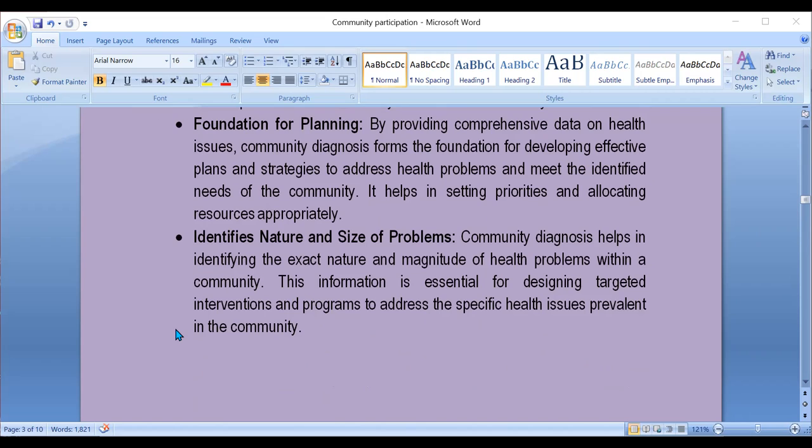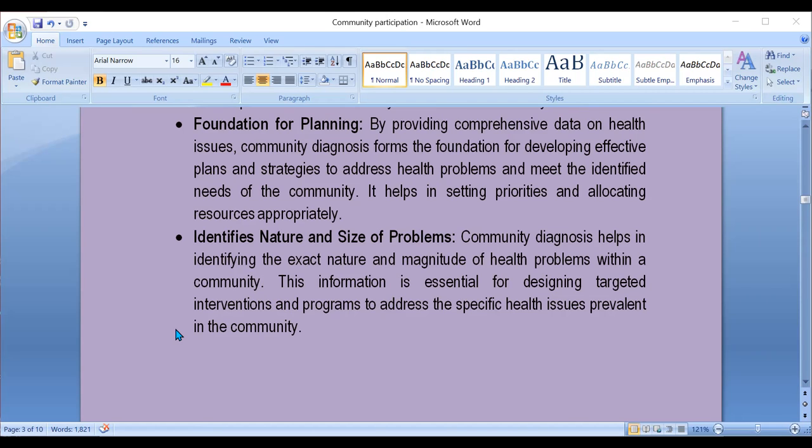It identifies the nature and size of the problem. By the time you have carried out an extensive survey to identify a lot of factors, you will have understood the exact nature, that maybe this problem is life-threatening. You have understood the magnitude of the health problem. How many persons are involved?